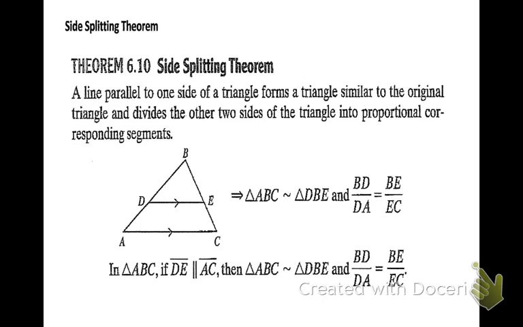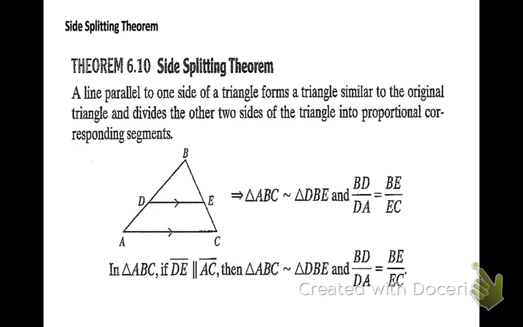Okay, side splitting theorem. The side splitting theorem says a line parallel to one side of a triangle forms a triangle similar to the original triangle and divides the other two sides of the triangle into proportional corresponding segments.